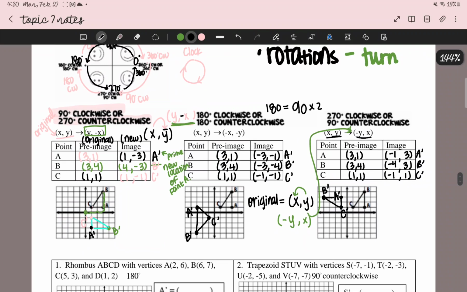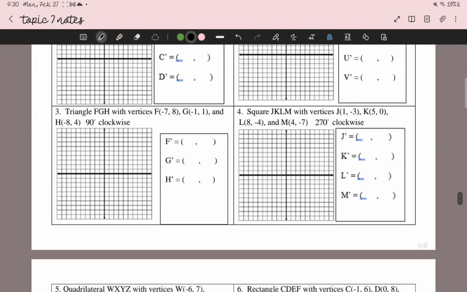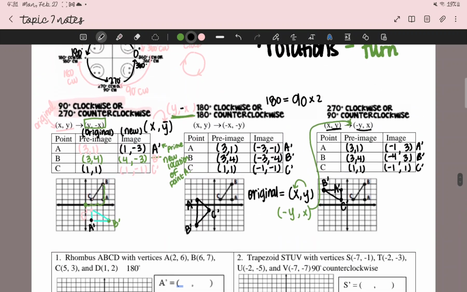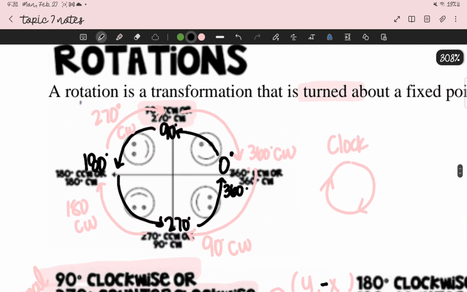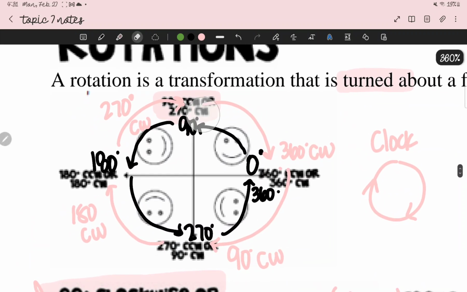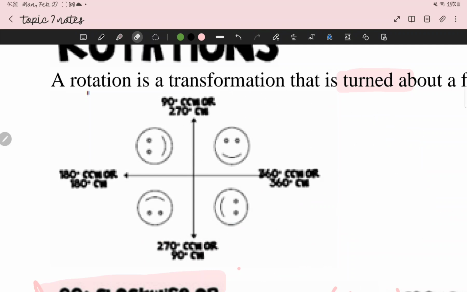One other thing I would like to say before I move on to the practice problems is that whenever you're rotating, if you go back to this original figure, and I'll take all this extra stuff off, you can find so many patterns that will help you learn about this as well. You'll find things that make sense to you. However it makes sense to you, stick with it.